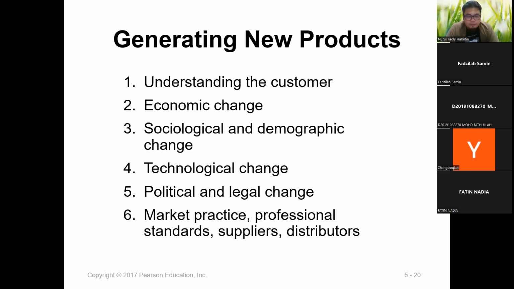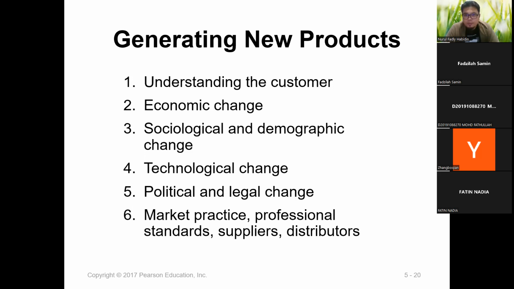Okay, we try to apply the method of 6 regarding generating new product. From the customer understanding, we know the information we have, the voice feedback from our loyal and retained customers, how to make a design, how to make it very practical and follow the specification and requirement for our customer.